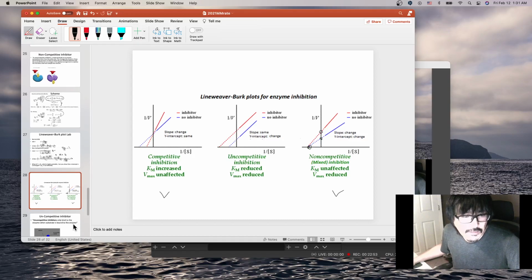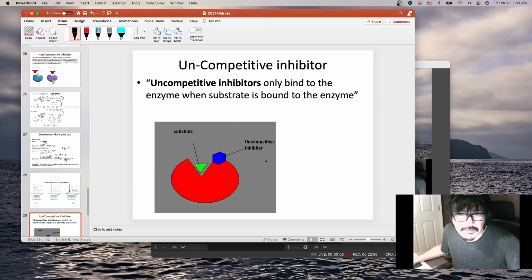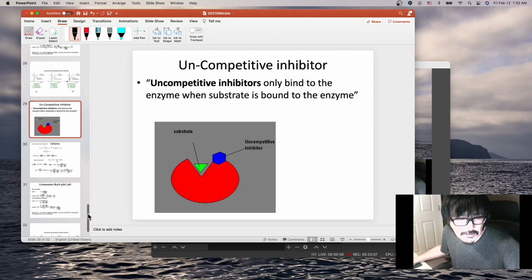So let's talk about the uncompetitive inhibitors. The uncompetitive inhibitor only binds to the enzyme when substrate is bound to the enzyme. Now that's the third version, right?